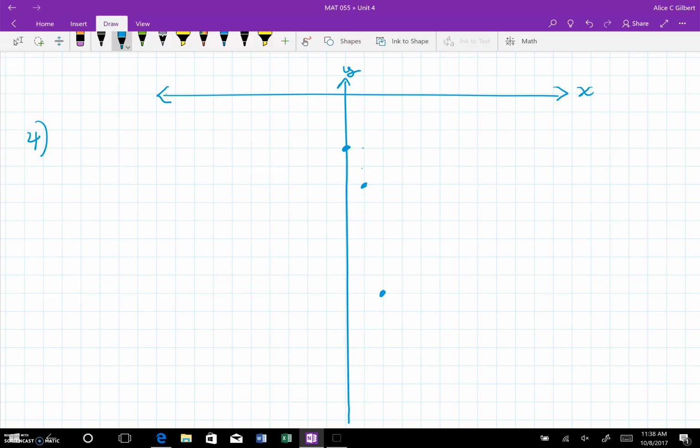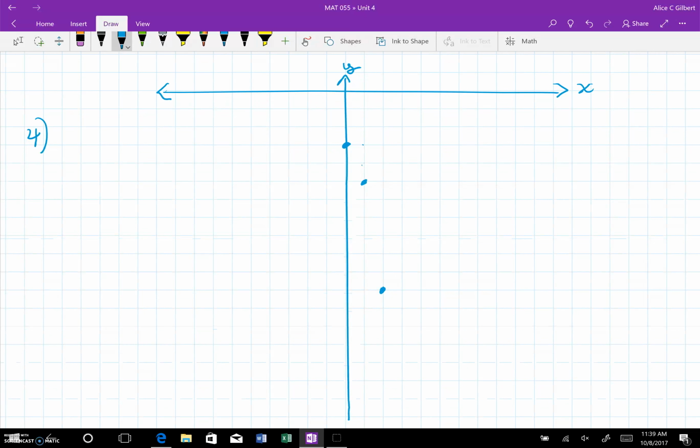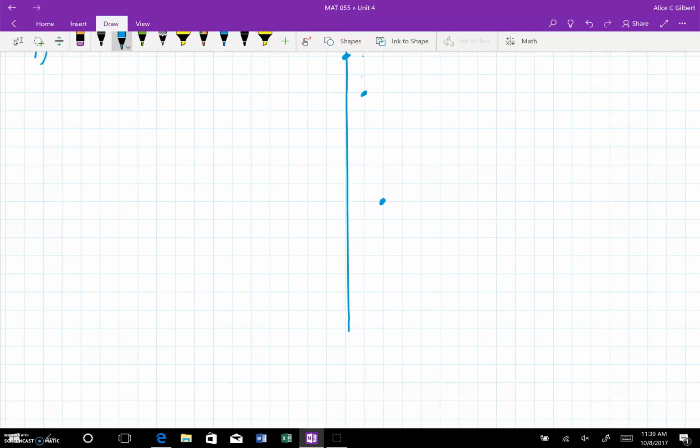And then in the parent graph, from the vertex, I go to the right 3 and down 9. Well, what's 9 times 2? Well, that's 18. 1, 2, 3, 4, 5, 6, 7, 8, 9, 10, 11, 12, 13, 14, 15, 16, 17, 18. See why I wanted to extend my down here?